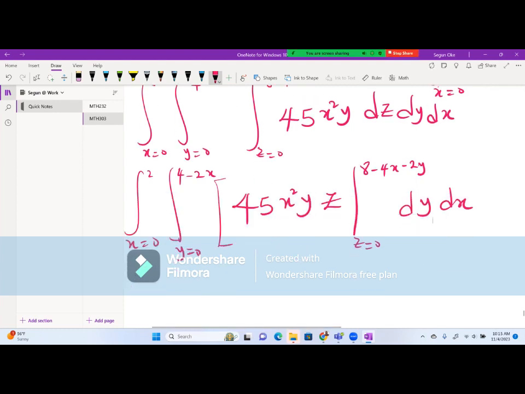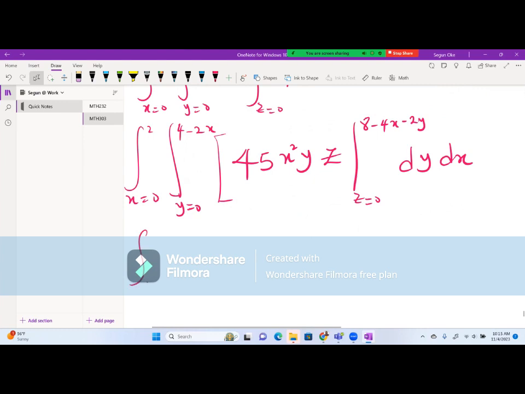Anywhere you see z, substitute this value. This entire one is 0 already, so you don't need to do that. All you need to do is 0 to 2, 0 to 4 minus 2x.